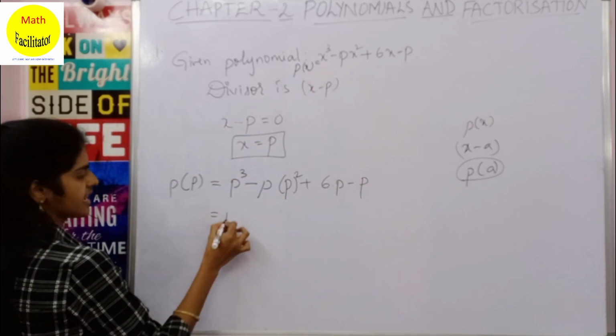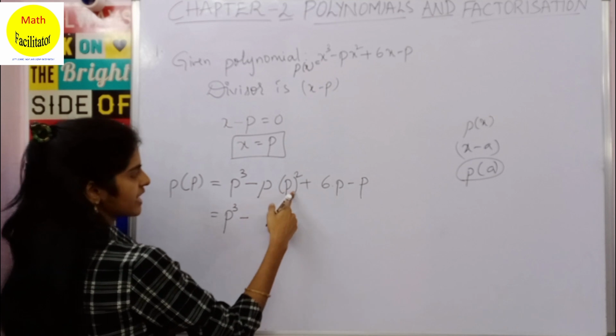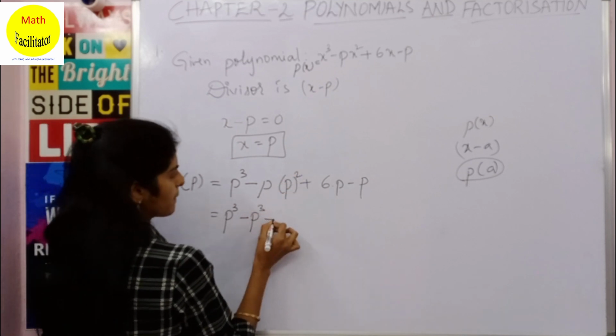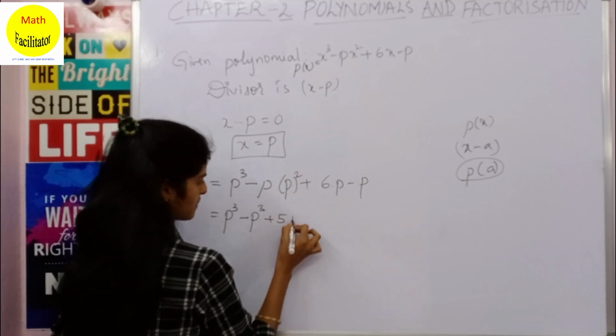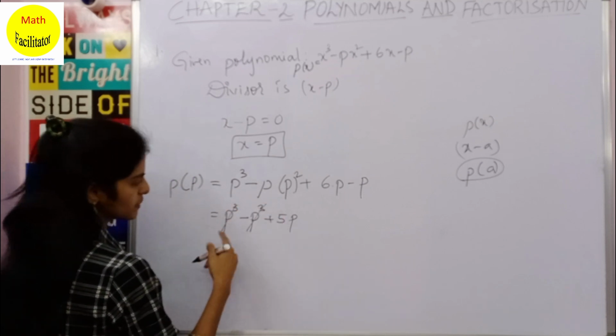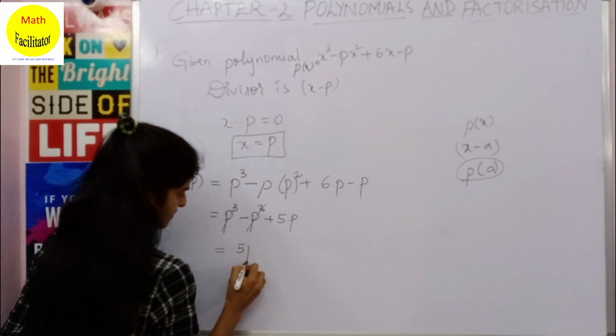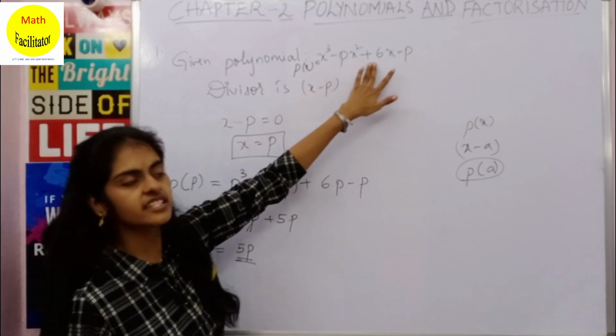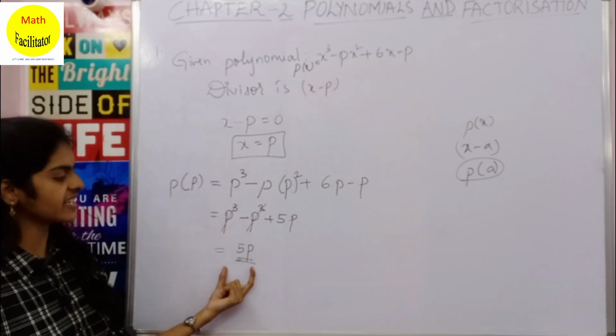So this is p cube minus p cubed plus 6p minus p, which is 5p. 6p minus p is 5p. So p cube minus p cube get cancelled and the answer is 5p. Now when you are dividing this polynomial with x minus p, the remainder is 5p.